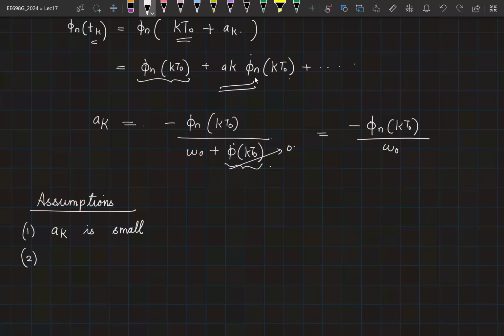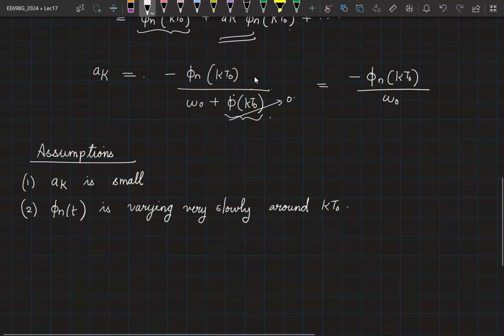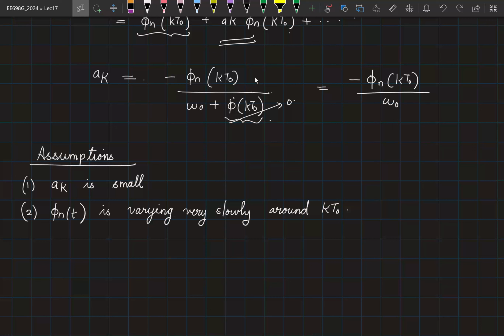The second assumption is that phi n of t is varying very slowly around this Kt naught over the duration of this Ak. So provided these two assumptions are valid, now you can say Ak is equal to minus phi n of Kt naught by omega naught.